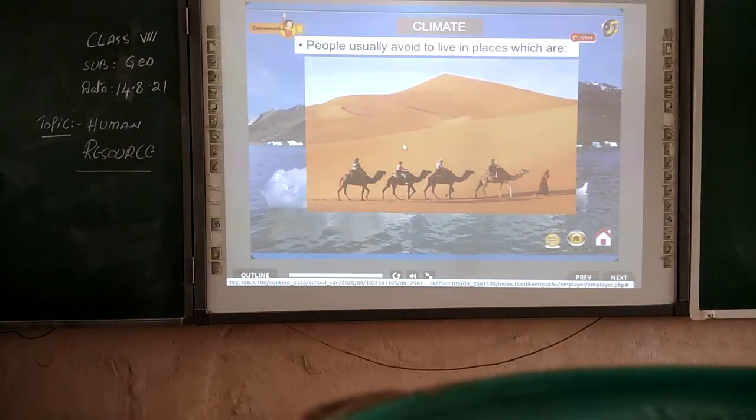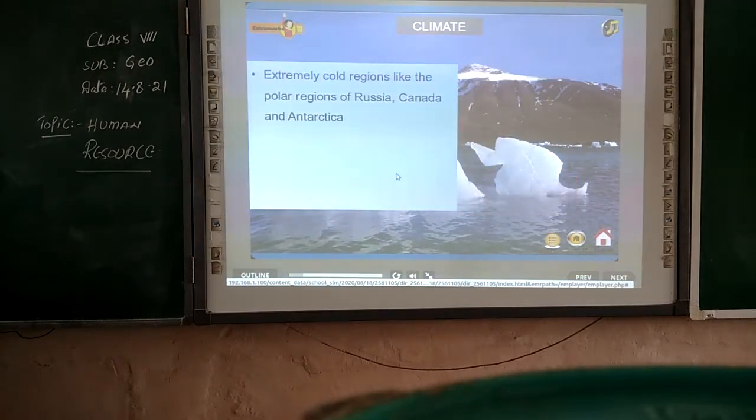Let us see how climate impacts population distribution. Generally, if you look at the picture, people usually avoid living in places which are deserts, and extremely cold regions like the polar regions of Russia, Canada and Antarctica.